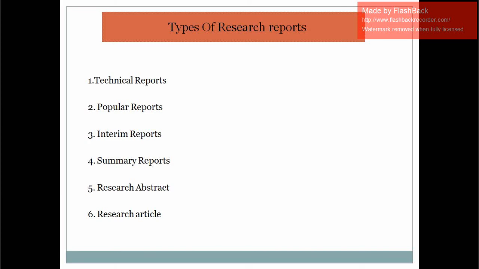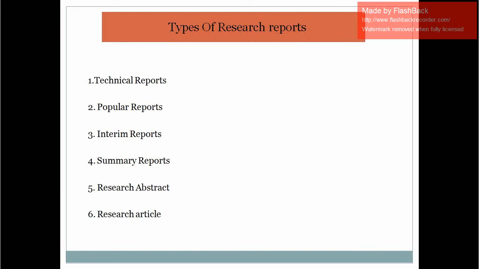This is a comprehensive full report of the research process and outcomes. This type of report is primarily meant for the academic community. When I say academic community, it can be scientists, researchers, discipline and other researchers.